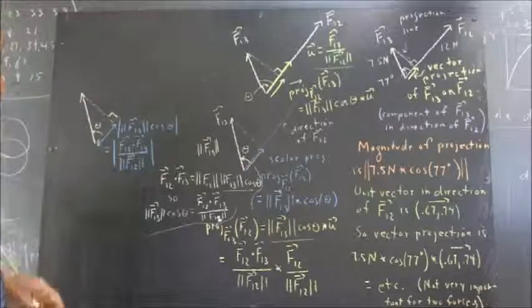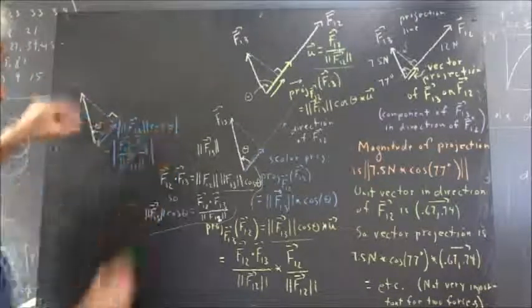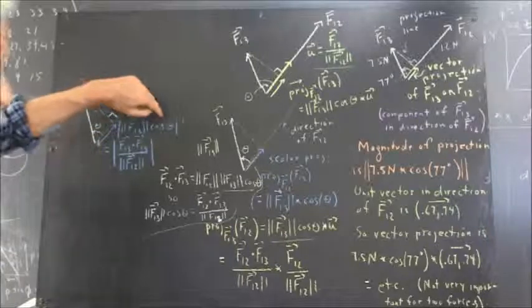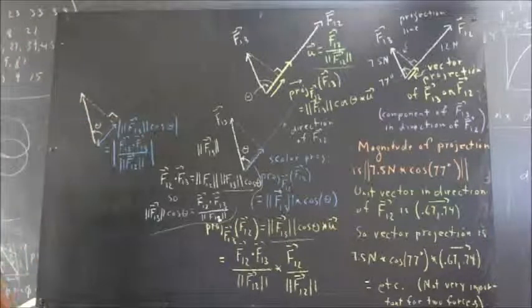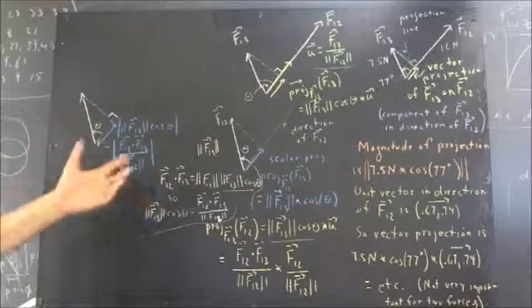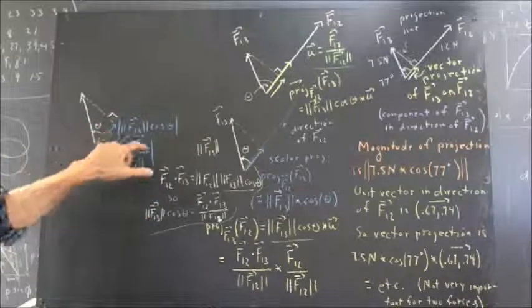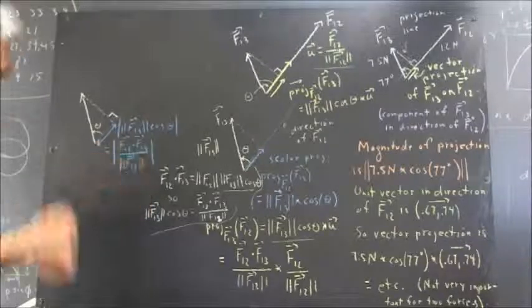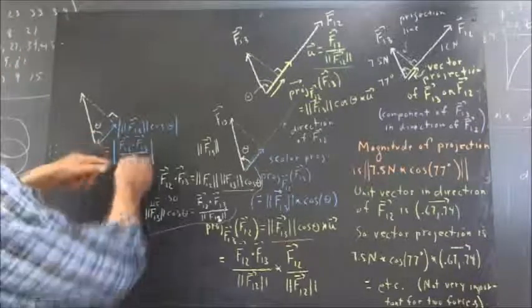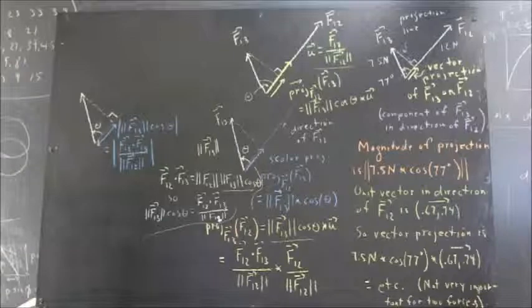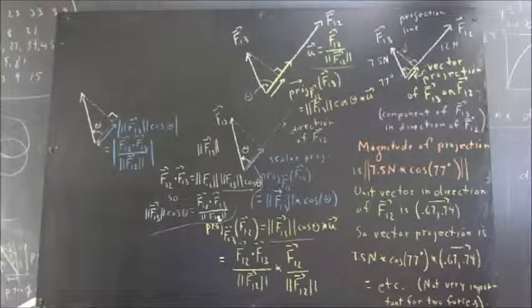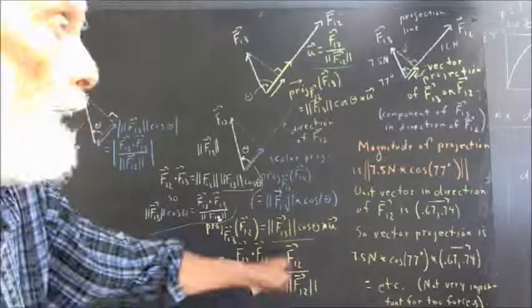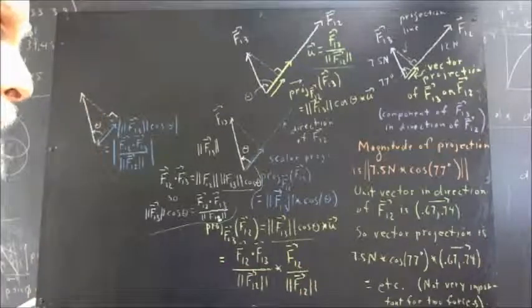That's just basic trigonometry. So I've got absolute value signs around magnitude of F13 cosine theta. And that, as you've seen, is equal to F12 dot F13 over magnitude of F12. You should continue to think about why that's so. Put absolute value signs around that. So this has a meaning and this has a meaning, and you should think in terms of those meanings.